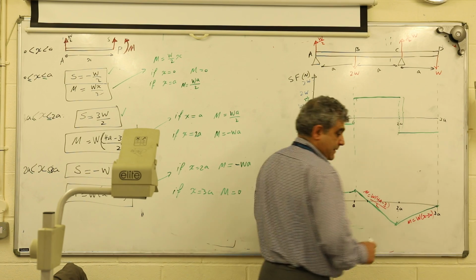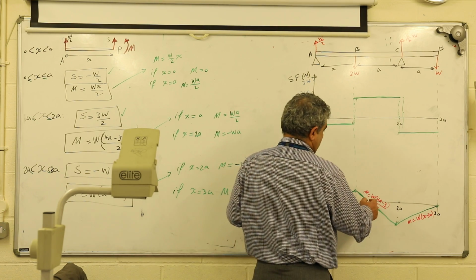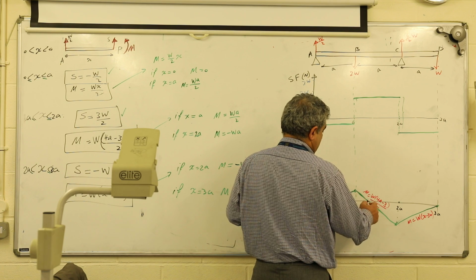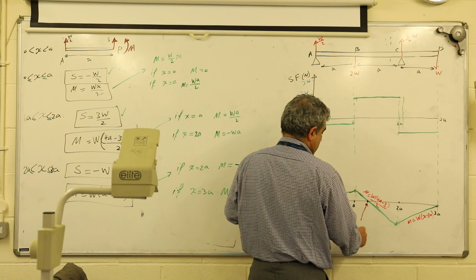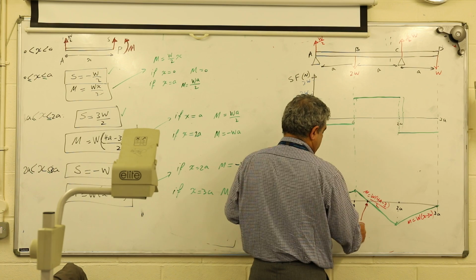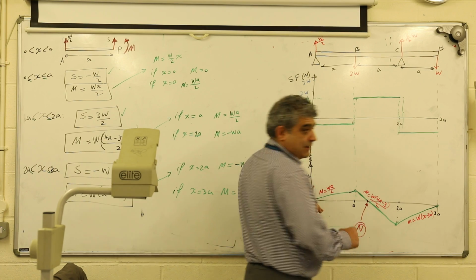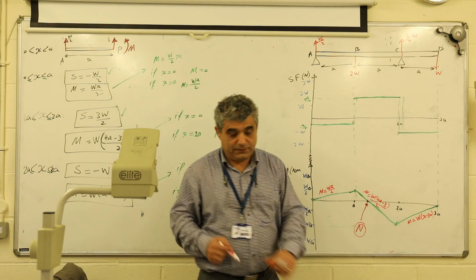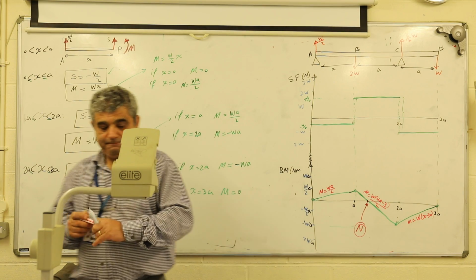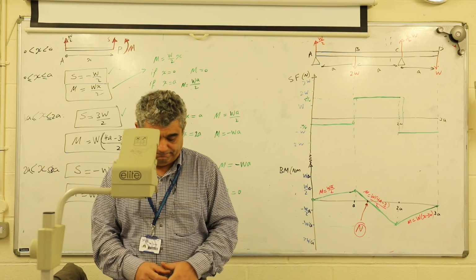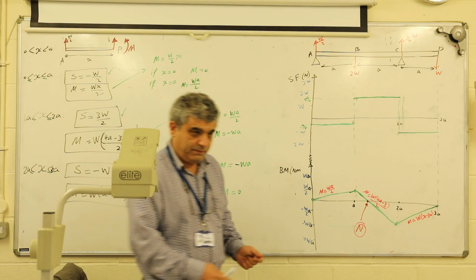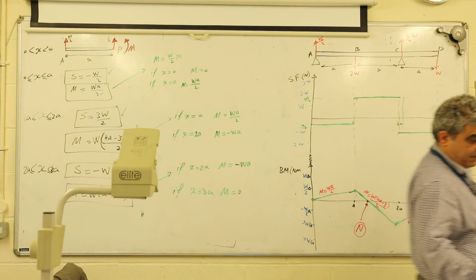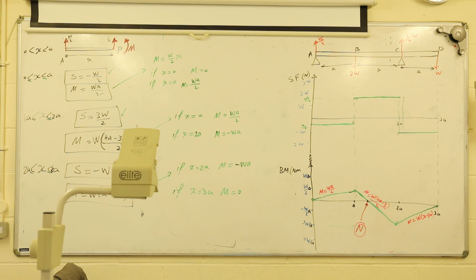There would be a point, which I call, what do you want me to call it? N. The bending moment in this place is 0. Yes? This is the value of bending moment. Where is this point exactly? It's called analytical. If you do it with graph paper, probably you can find it. But with analytical, you will be so surprised how precise it is.